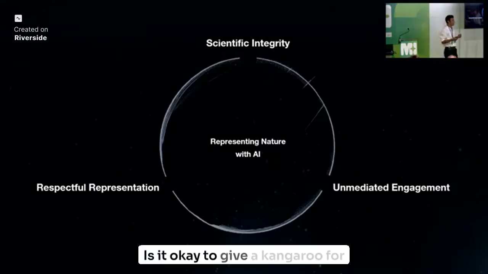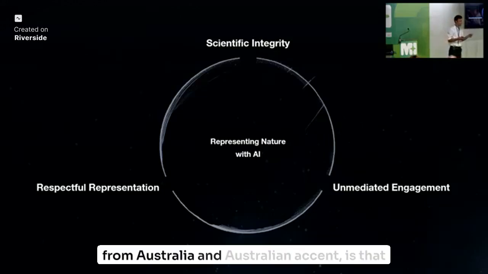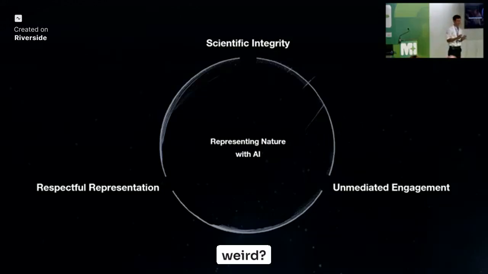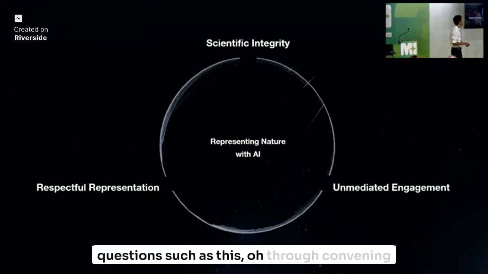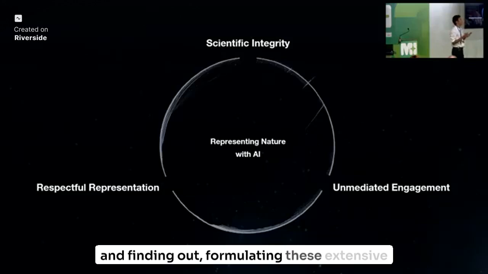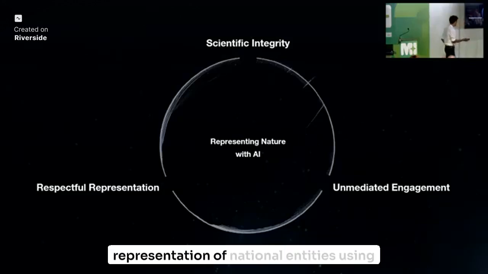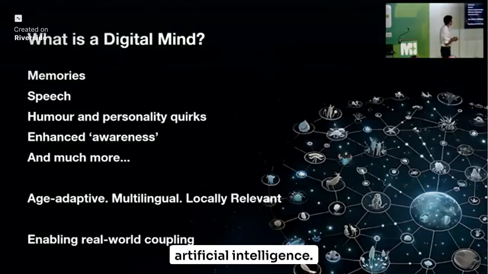Is it okay to give a kangaroo from Australia an Australian accent, or is that weird? Through convening, we want to answer all these different questions and formulate extensive guidelines for the respectful and ethical representation of natural entities using artificial intelligence.